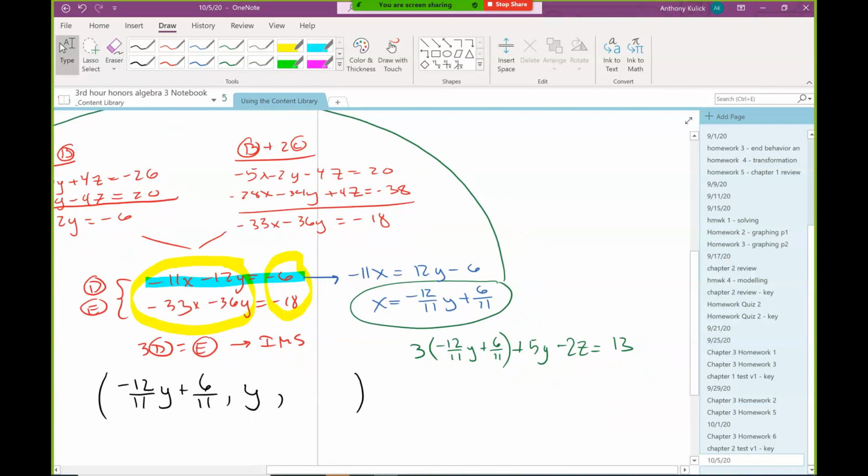Okay, there. And now I just have a bunch of crummy fractions to sort through, right? So we'll distribute that 3, so that gives me negative 36 over 11y plus 18 over 11. Now 5y I'm going to have to add to the 36 over 11y, so let's make a common denominator of 11. So that'll be 55 over 11.